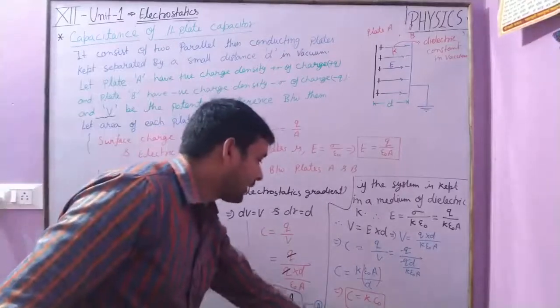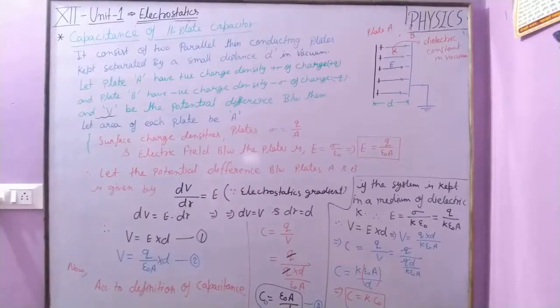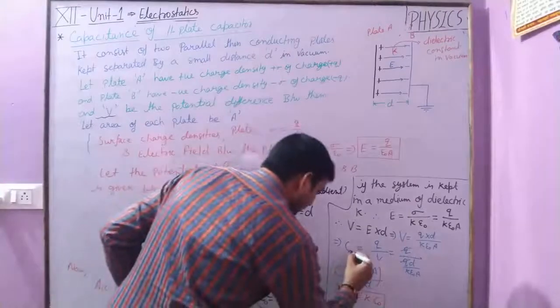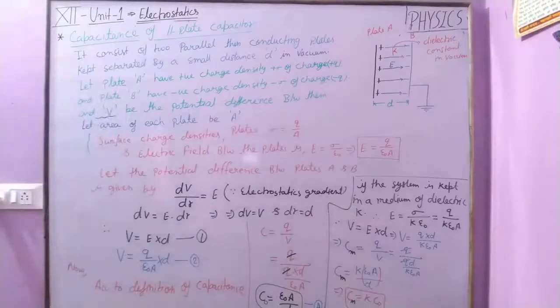This is the result for the capacitance in a medium of dielectric constant K. Because it is for a medium, we can use C medium here.